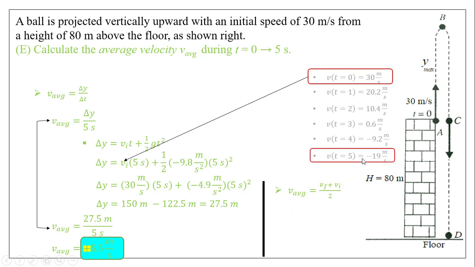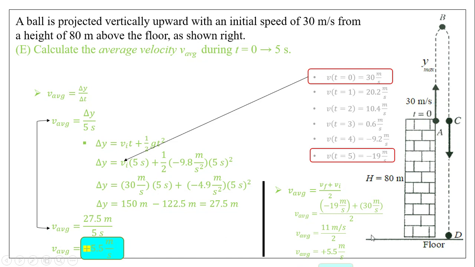At 5 seconds, it's on its way down. It's traveling downward. So therefore, the velocity here is negative 19 meters per second. So my VF here is going to be negative 19. My VI is going to be 30. So I'll just substitute in. Negative 19 plus 30 is going to be a positive 11. And then 11 divided by 2 would just give you an answer of 5.5, which again is the same answer as on the left side of the screen here.